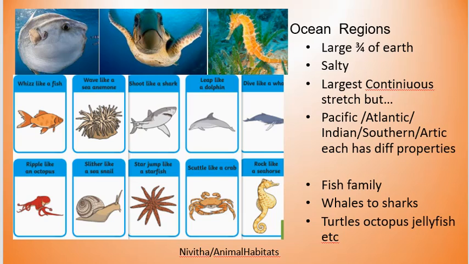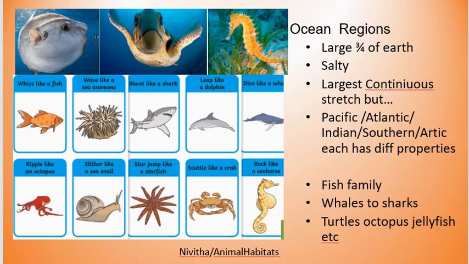How hot the water is, how much wind blows, how much room there is for cyclones and tornadoes, whether the currents under the water are creating problems or helping the sea organisms. All this will impact how these become the habitat for various animals. So oceans are 3/4 of the earth, a large continuous stretch of water, they are salty and they are home to a lot of animals, mainly because they cover 3/4 of the earth's surface.